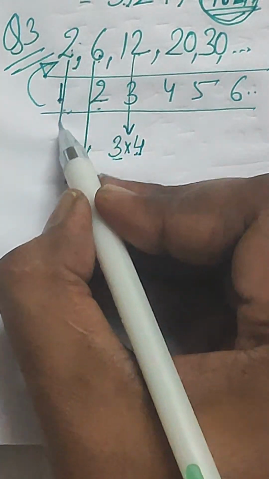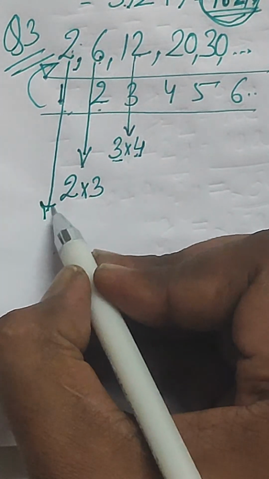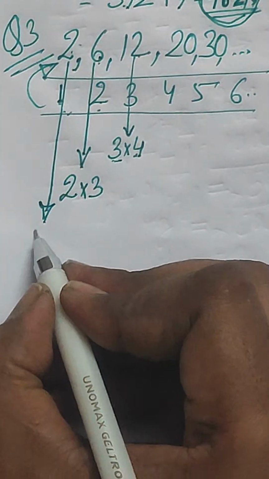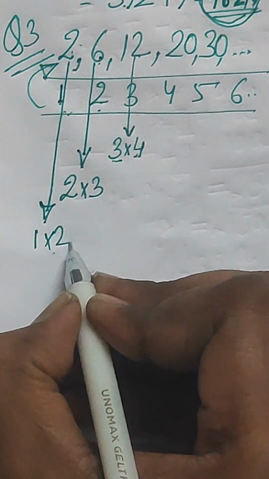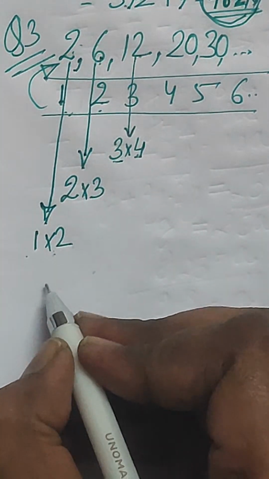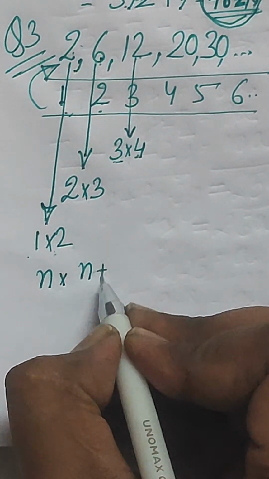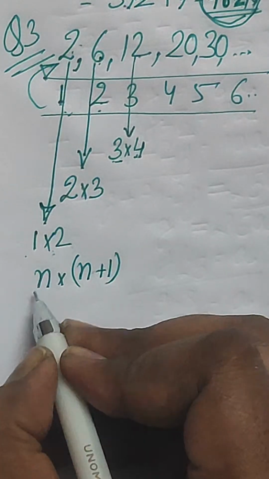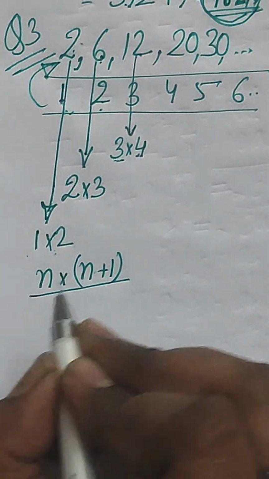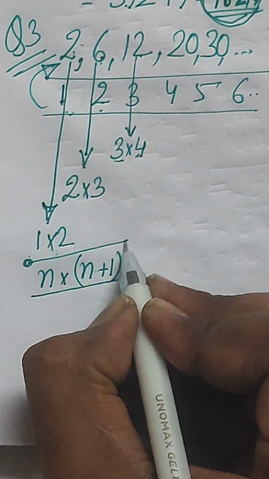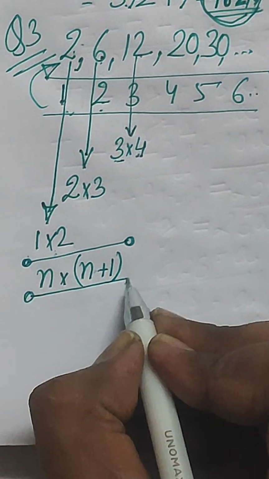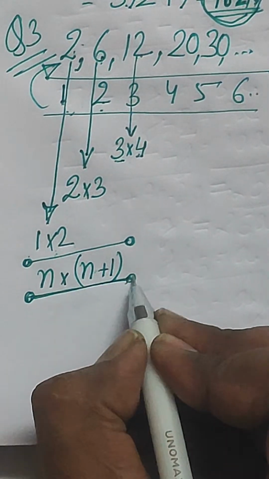And this 2 is also coming as a product of two successive natural numbers, that is 1 and 2. You can see the series n multiplied with n plus 1 is followed. So this will be giving you the relation you can see here.